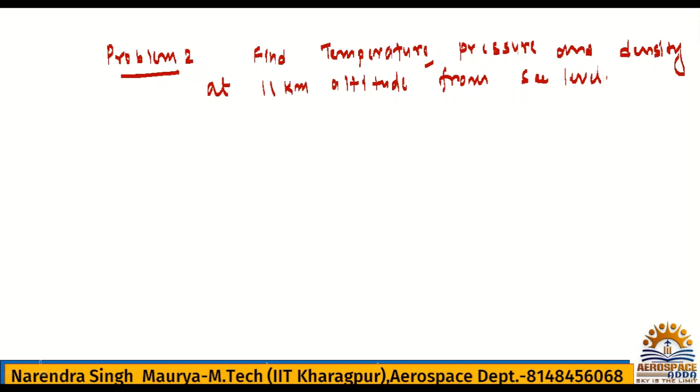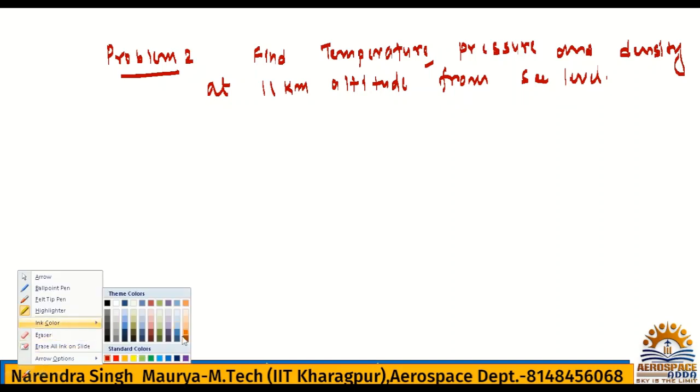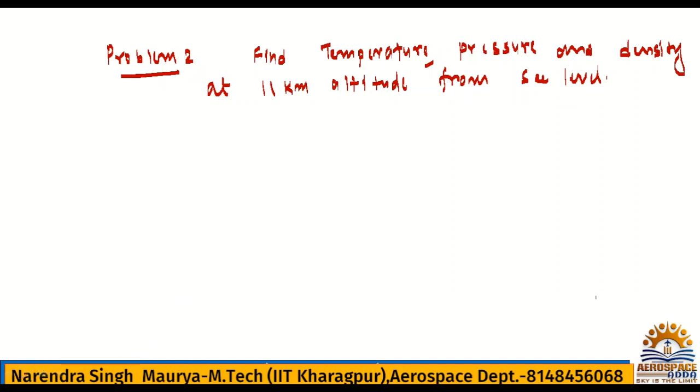Again, I will show you what it means. Simple. This is sea level, Earth. Why am I talking about sea level? Because they have given from sea level. So sea level, and at what altitude?